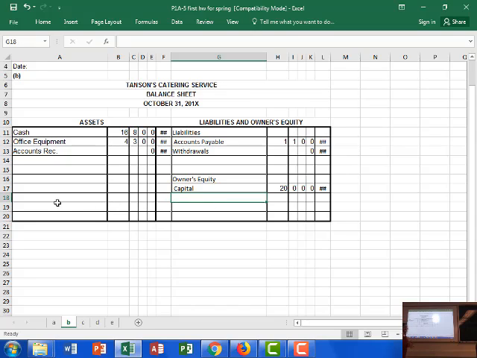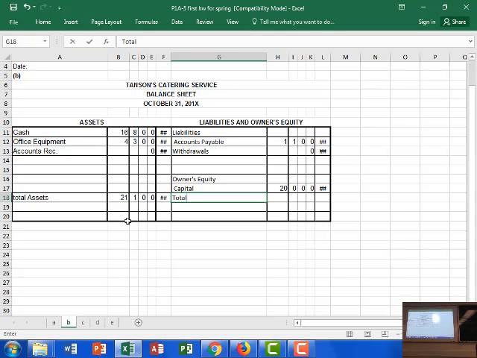All right. Now, remember, both must balance. So here we're going to put in total assets. What does this add up to? $21,100. Now, when we go to this opposite side, total what? What should this be?